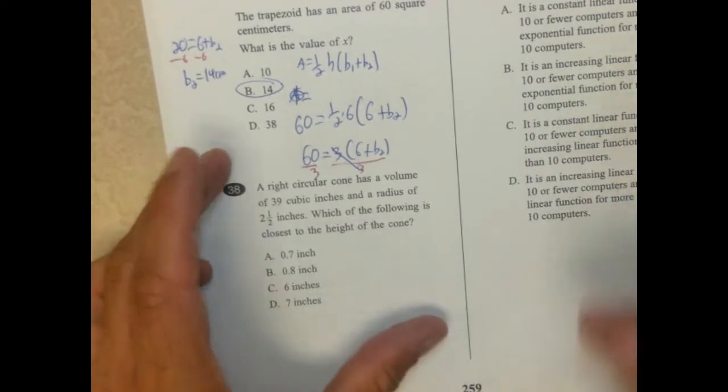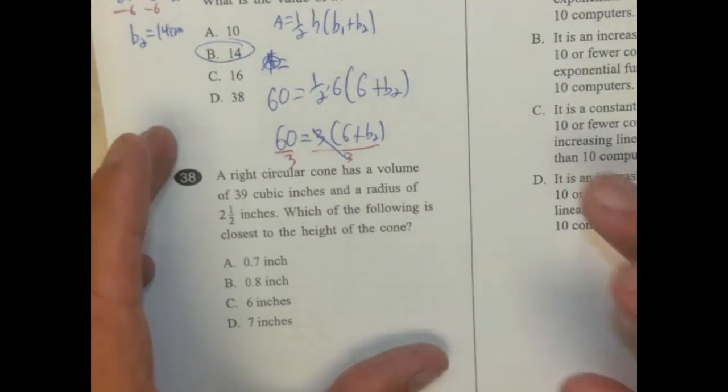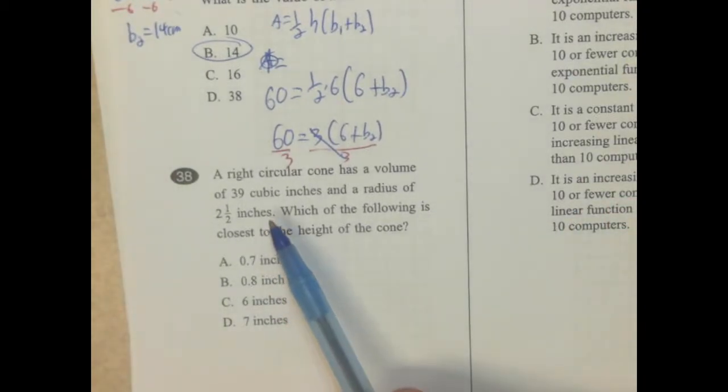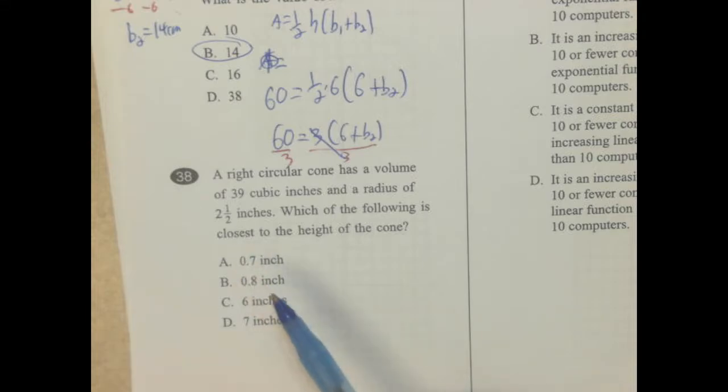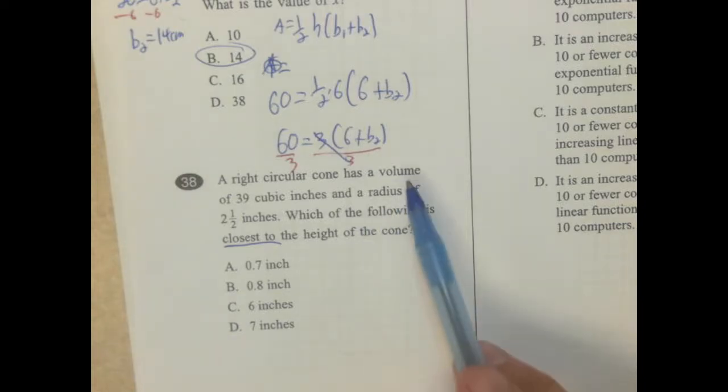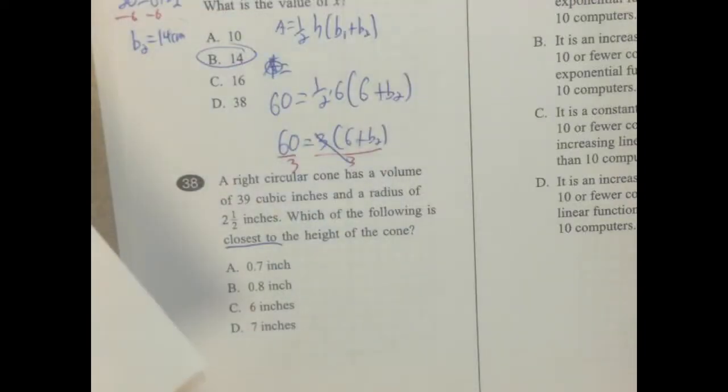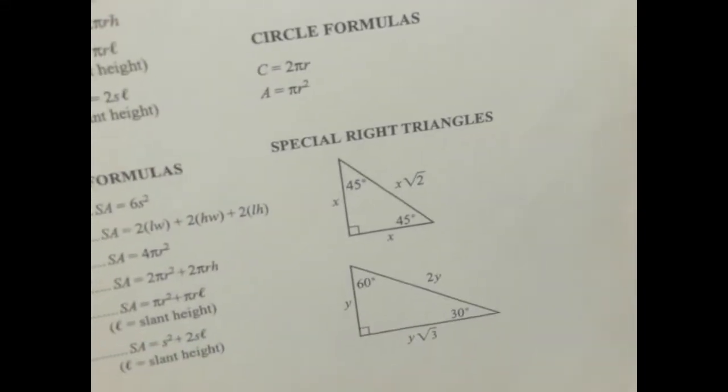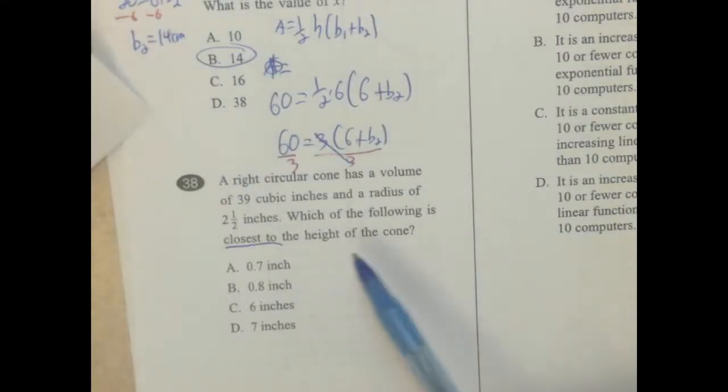Number 38, a right circular cone has a volume of 39 cubic inches and a radius of 2.5 inches. Which of the following is closest to, so we're estimating here, the height of the cone. So we're talking about volume of a cone. Let's find that formula here. Okay.